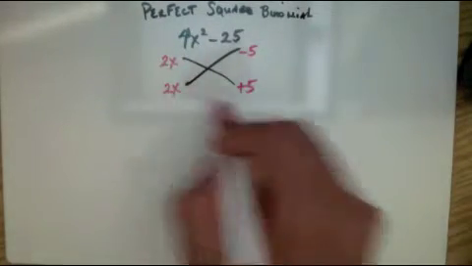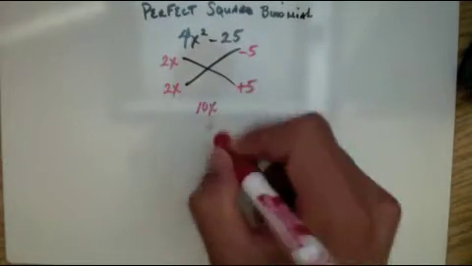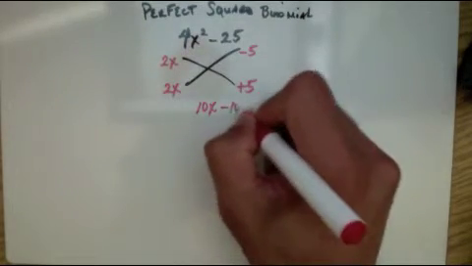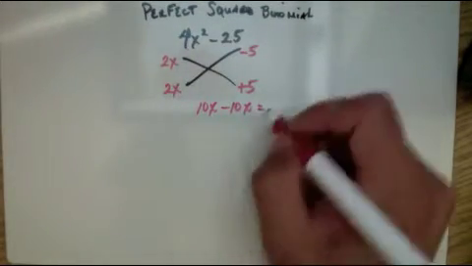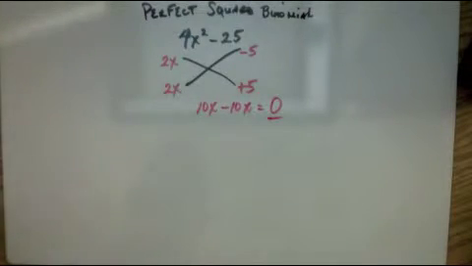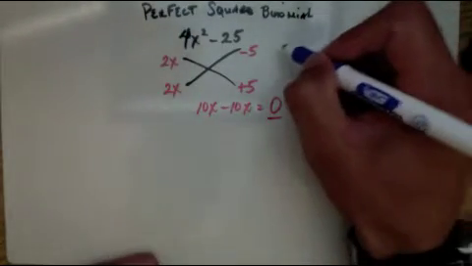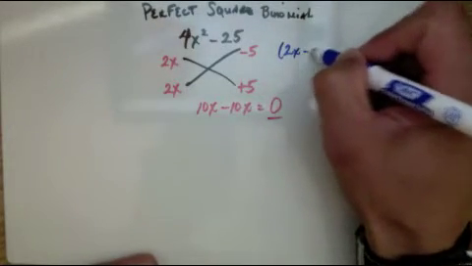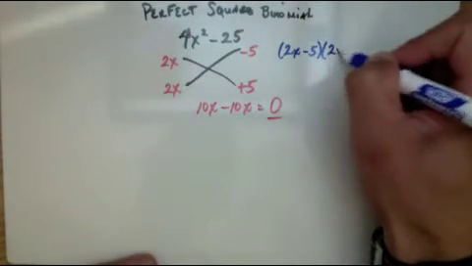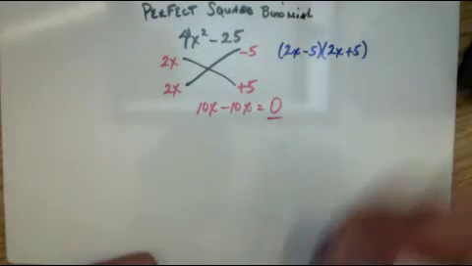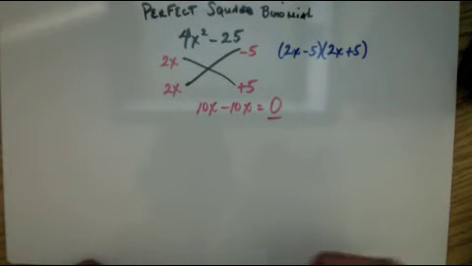You notice 2x times 5 is 10x, and then 2x times negative 5 is negative 10x. So when this combines, you get nothing, 0. You don't get 0x, you just get 0. So my factors are 2x minus 5 and 2x plus 5. And that would be your solution.